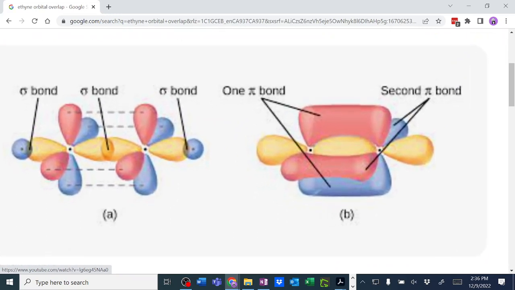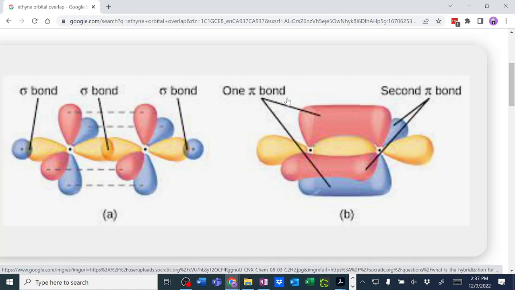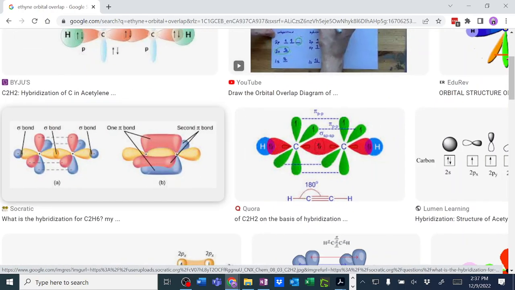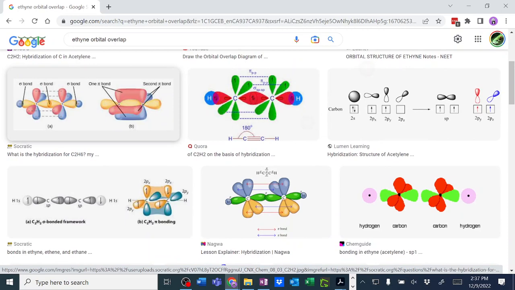I thought I had this in here, and I think I accidentally deleted it this time around. So we have the sigma bond. I feel like this isn't quite right. This one should be red and that one should be red. This one should be blue and that one should be blue. That's what I feel. I feel like this is a little bit wrong. Let's see if there's another one that's better.